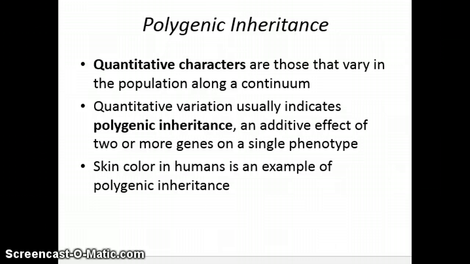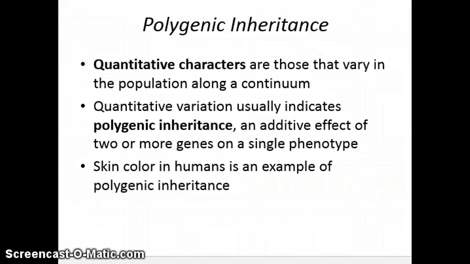When we have that, we have a continuum of phenotype. Where we see that, for example, is with height. There are a number of genes that work together to determine a person's height, and depending on what alleles you have for these different genes will determine how tall you become.